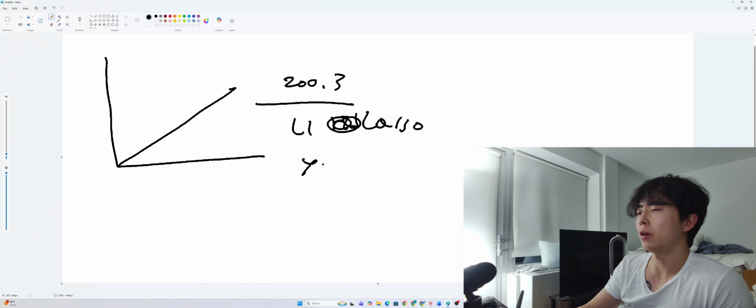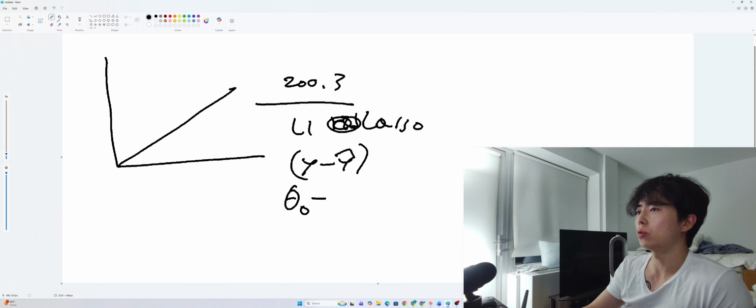For the error function here, when we do the weight tweaking, let's see right here, partial derivative of theta 0, theta x0.